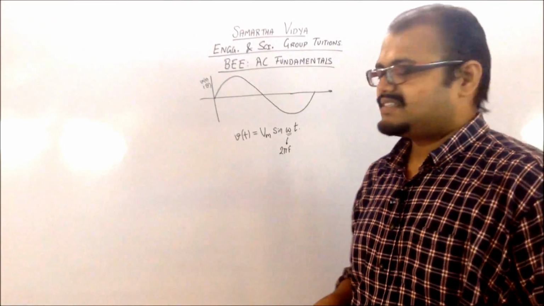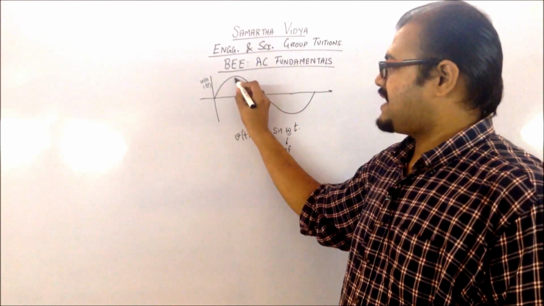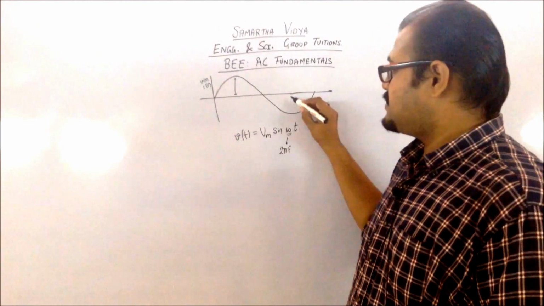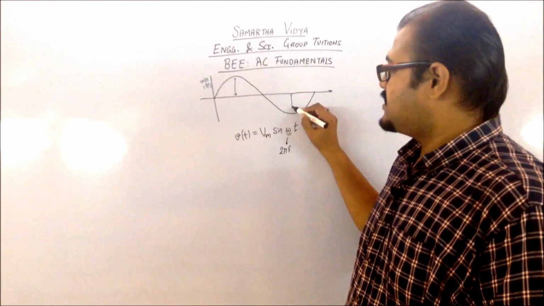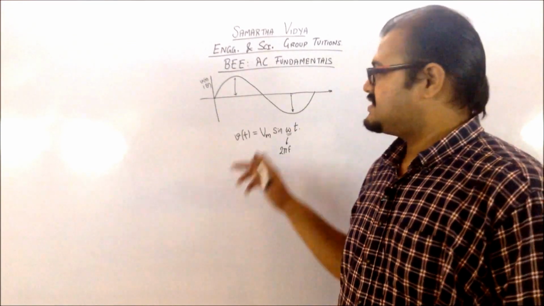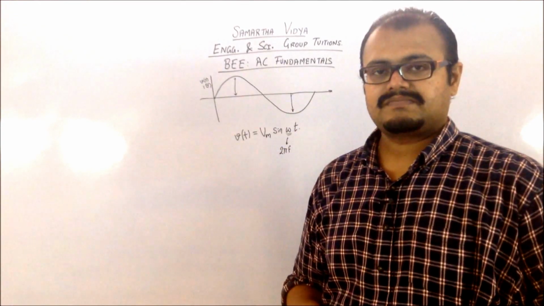After that you have to understand the peak value. The peak value is nothing but the maximum value, that is the maximum positive value or the maximum negative value which a particular AC quantity is having.